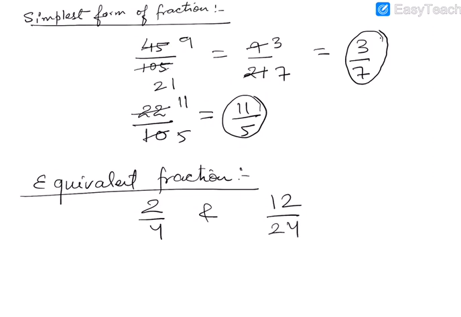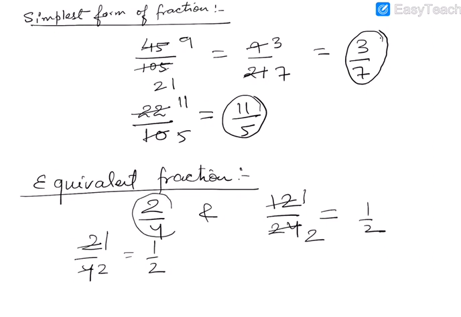How to check it? First of all, we will simplify 2 upon 4. 2 1s are 2, 2 2s are 4, so 1 by 2. And again we will simplify 12 upon 24. 12 1s are 12, 12 2s are 24, so 1 by 2. So when we simplify 2 by 4, it comes to 1 by 2, and when we simplify 12 upon 24, it again comes to 1 by 2.